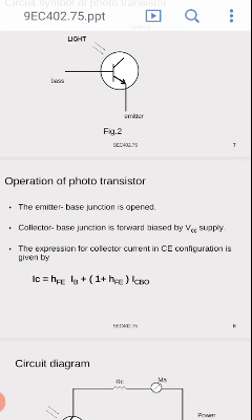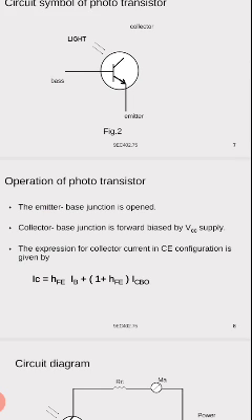The expression for collector current in CE configuration is given by IC equals HFE into IB plus (1 plus HFE) into ICBO.